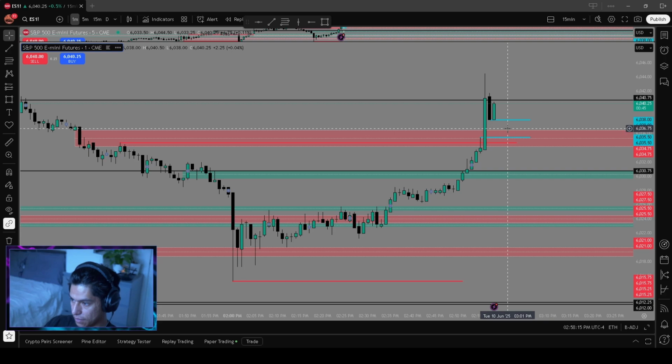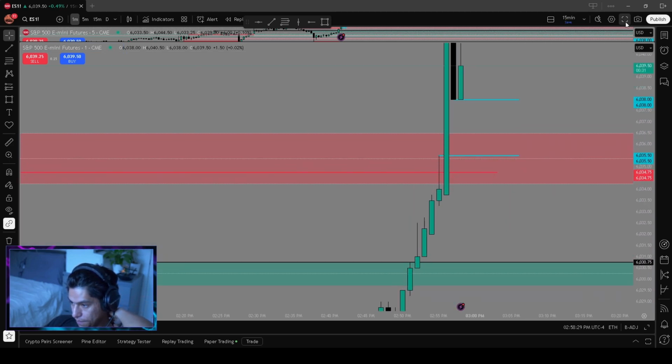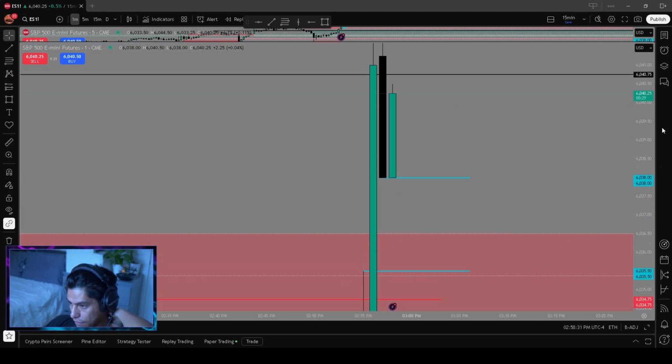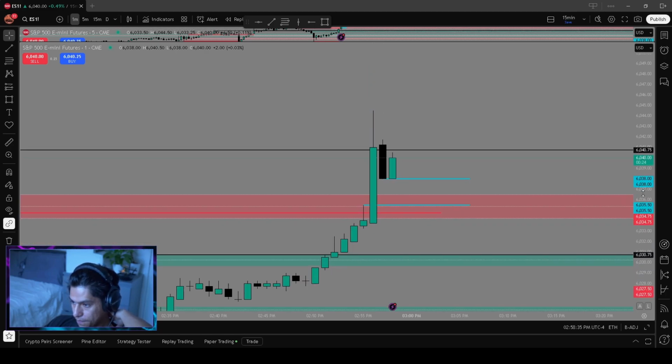We'd want it to come down here and then react higher. But if it does not, it can go straight through it, come back up to it, and act as resistance. So right here, it's kind of hard to tell, but I don't think we've touched it or gone into it yet.